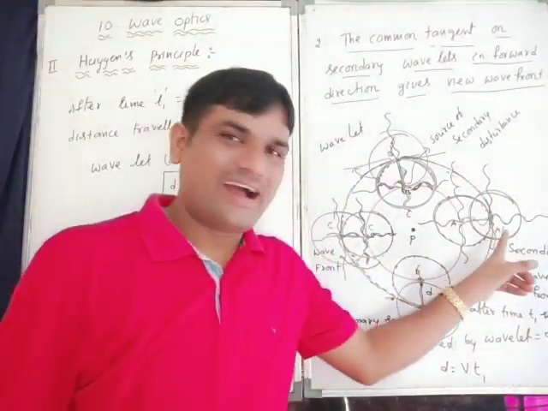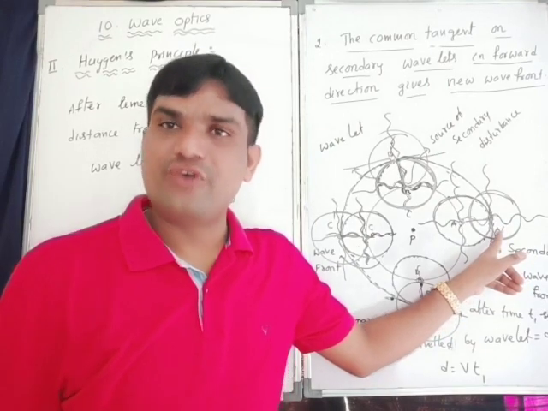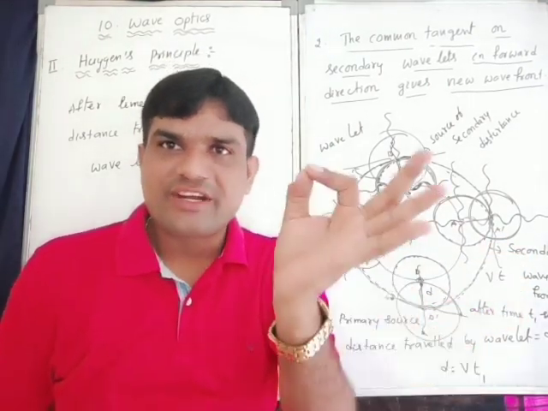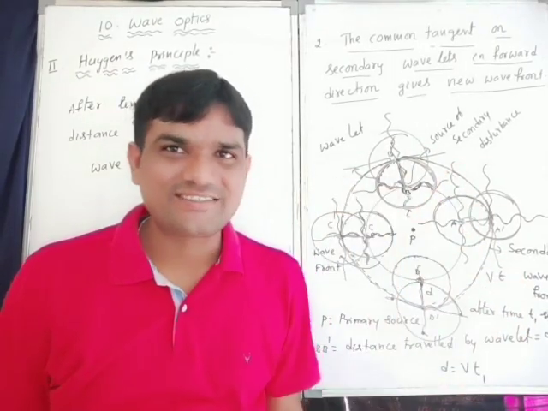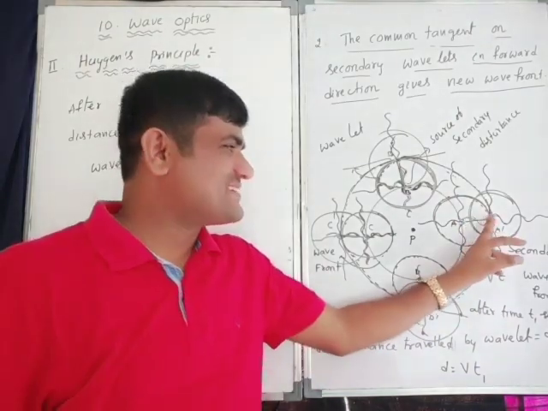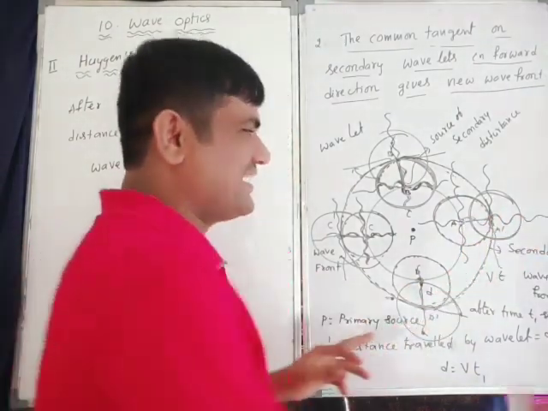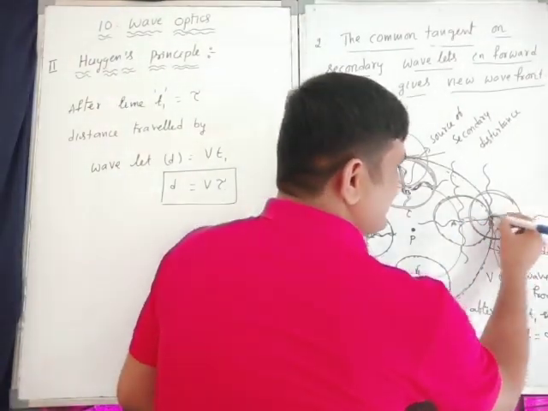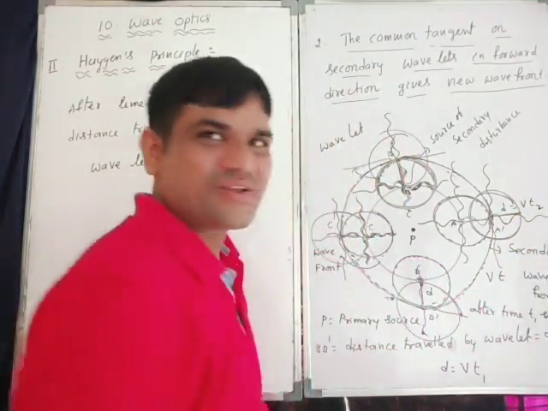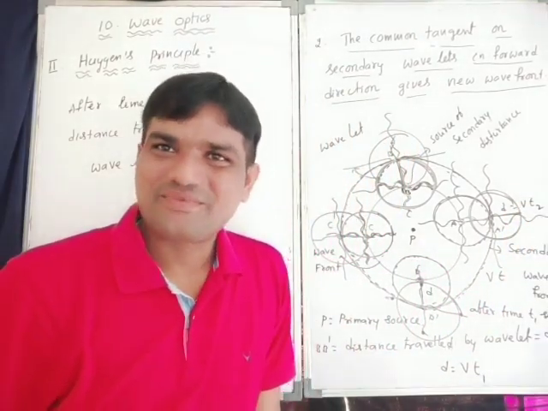Again here also the same phase. The secondary wavelets after t2 seconds cover the distance from here to here. So this is the distance d, v into t2. Velocity is the same. Why?